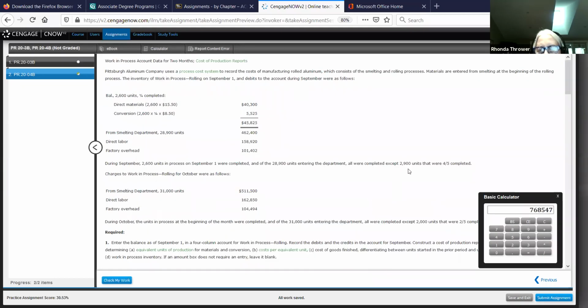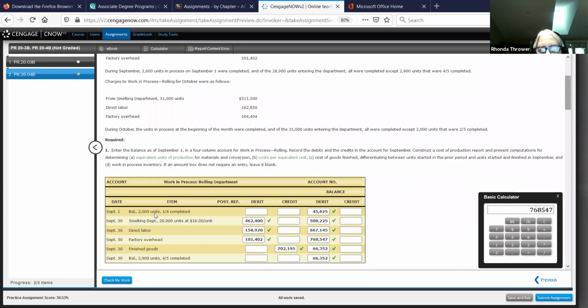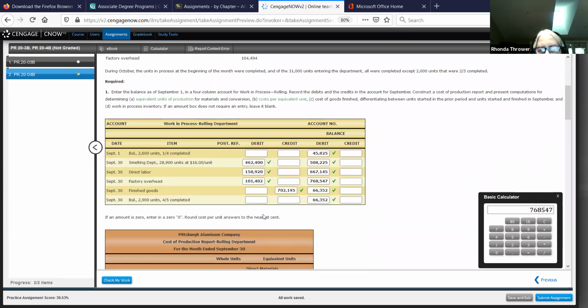So it's 2,900 units in ending inventory that were 4/5 complete. That's where they're getting this. And this was the cost that was assigned to those, and it technically is this cost here. So I didn't like the fact they put this in here. It really shouldn't be here.